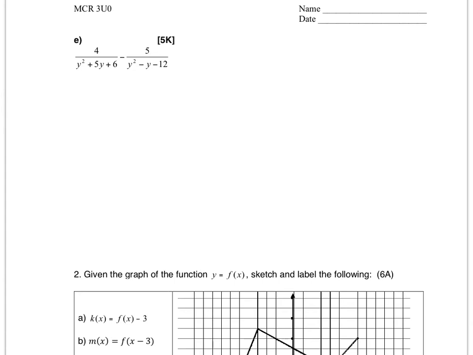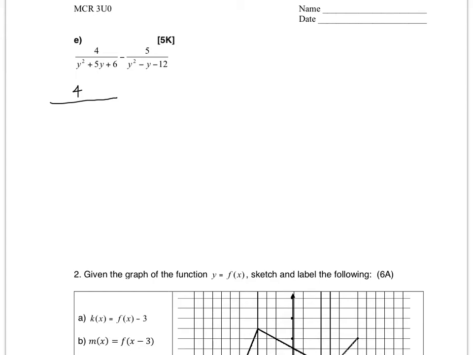In the next question, we have 4 over y squared plus 5y plus 6 minus 5 over y squared minus y minus 12. Again, we are going to simplify the denominators by factoring them. So the first denominator becomes, since the leading coefficient is 1, I have to find two numbers whose product is 6 and add up to 5, and those are 3 and 2.